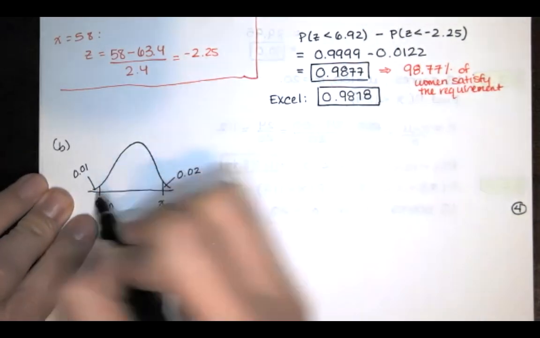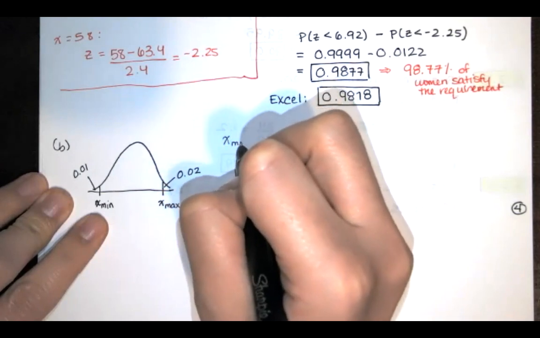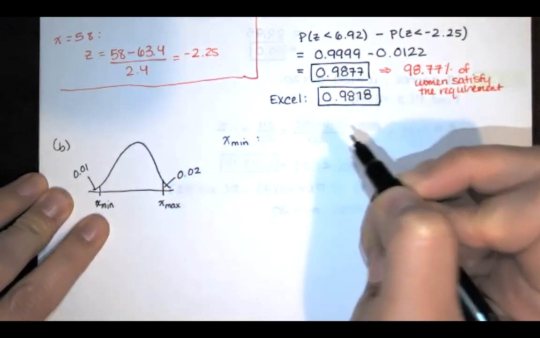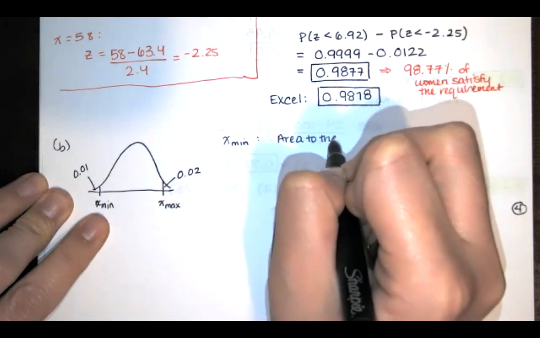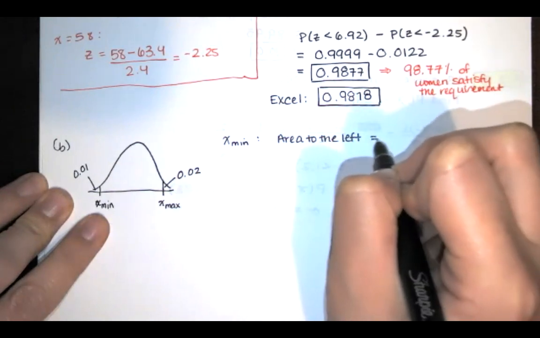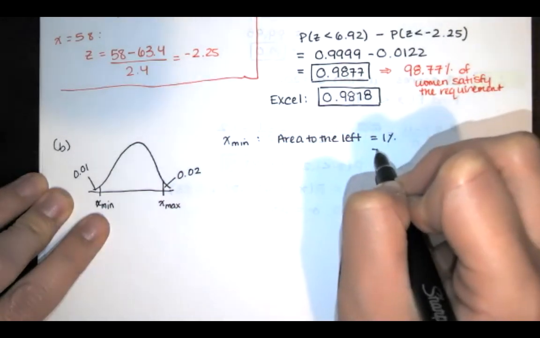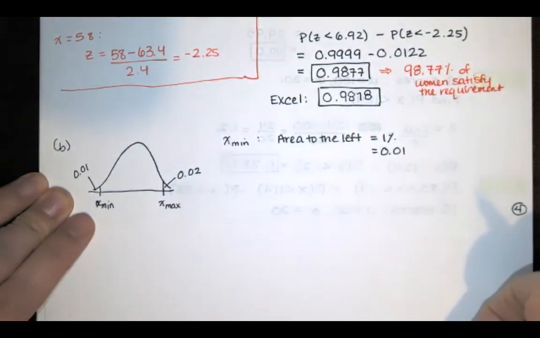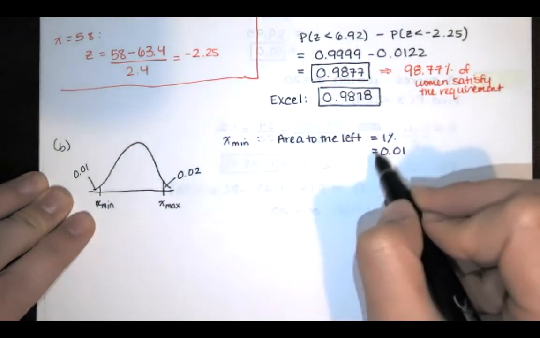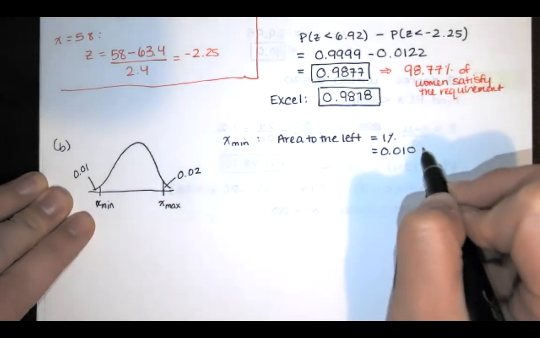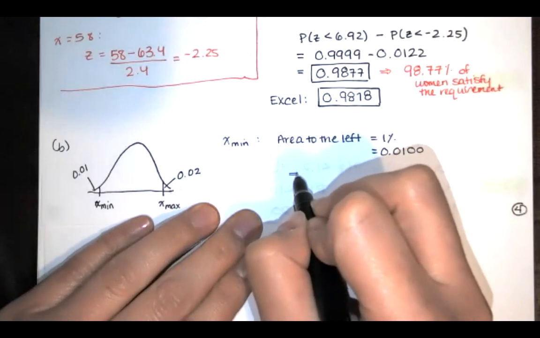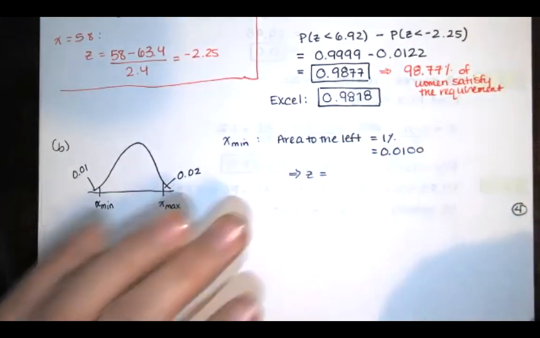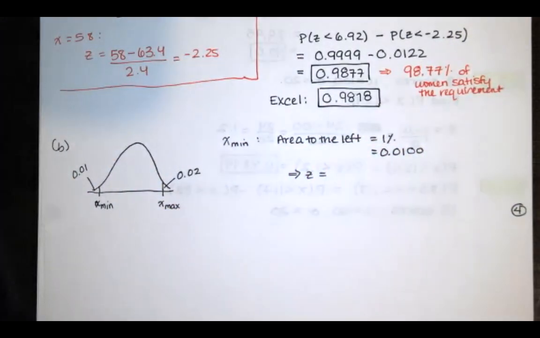So let's do the x minimum first. First, I want the area to the left to be 1% of all of the area. And if you move that decimal over twice, you get 0.01. So this is what I need to see in the body of that table if I am looking for the corresponding z-score. So let's go to the table now.